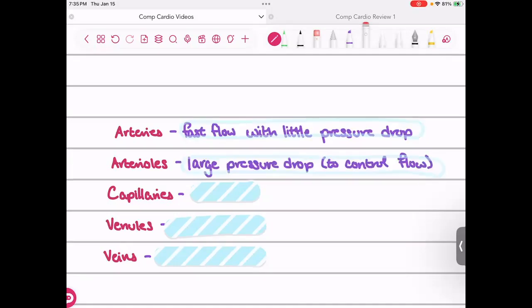Arterioles, which are essentially branches of arteries, have a large pressure drop, and this is to control flow. Capillaries, which branch off from arterioles, enable diffusion. And then from capillaries, they branch into venules, and venules serve to provide capacitance. And then venules branch off into veins, whose main job is also to provide low resistance.